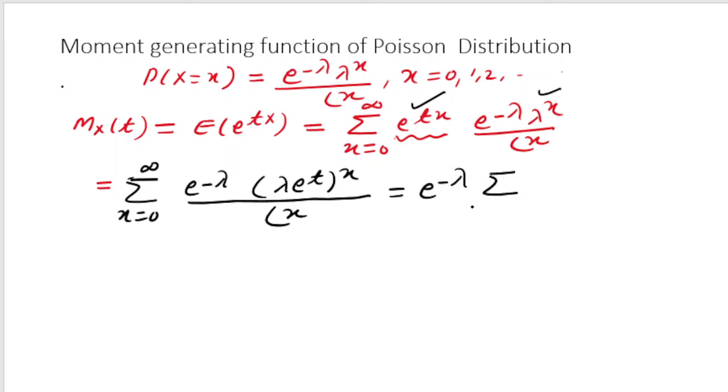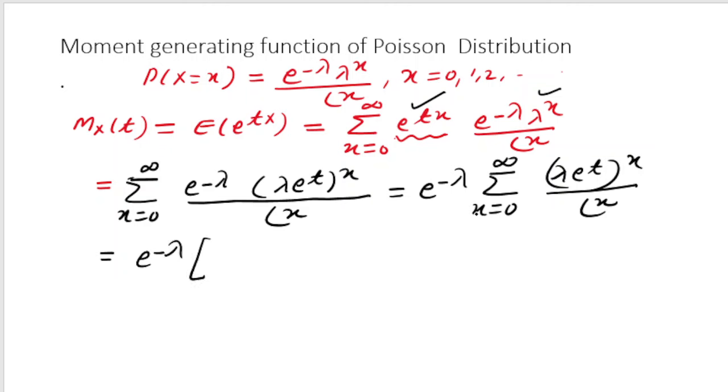And here we have the summation, x varies from 0 to infinity, (lambda e to the power t) whole to the power x by factorial x. Using the summation, if I write this expansion, I will get e to the power minus lambda. If I take x equal to 0, this to the power 0 by factorial 0 will become 1. If I take 1, I will get lambda e to the power t by factorial 1.